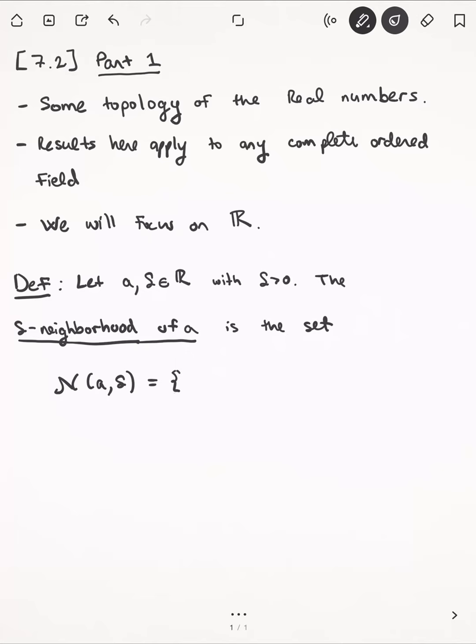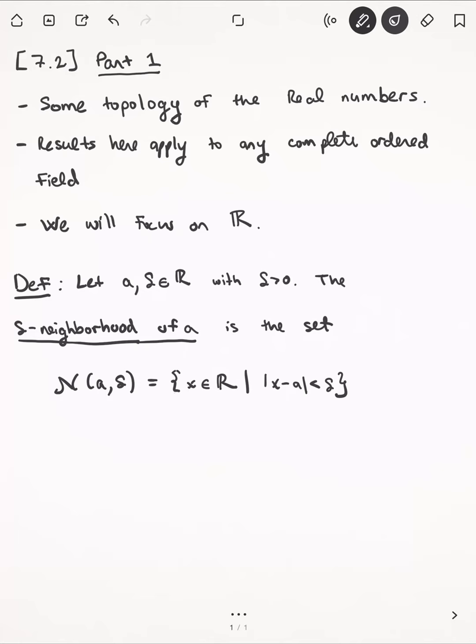This is the set of real numbers x such that the absolute value of x minus a is less than delta. It's a simple structure, but we can build several characteristics of the real numbers with this notation. So the delta neighborhood of a consists of all points whose distance from a is less than delta.